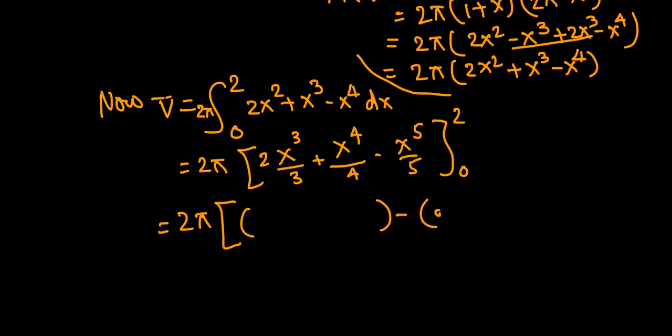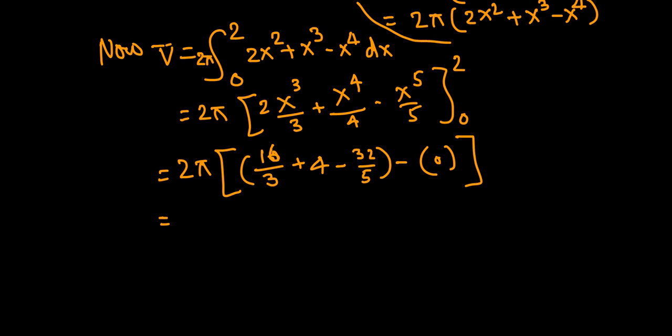Plug in 0, everything is 0, so the lower limit is easy. Plug in the upper limit 2: 2 cubed is 8, 8 times 2 is 16 over 3, plus 2 to the 4th, 16 over 4 is just 4, minus 2 to the 5th, 32 over 5. Let's simplify. That many cubic units is the answer.